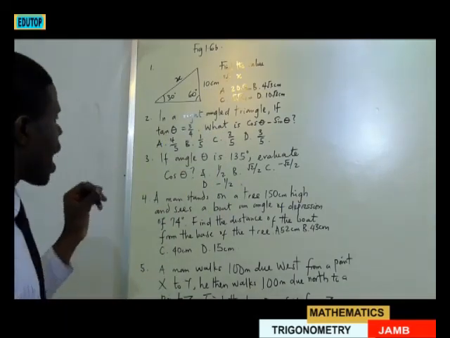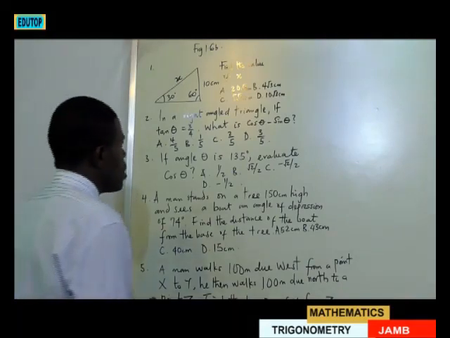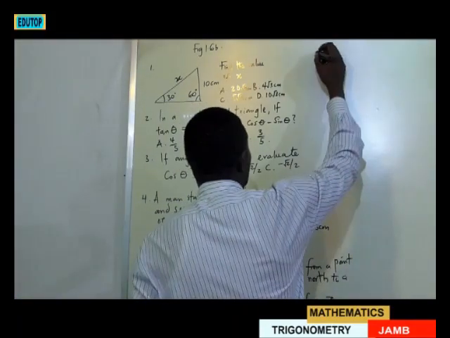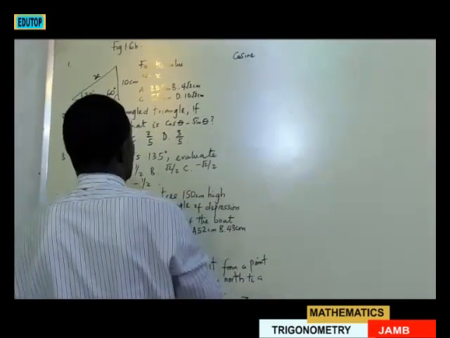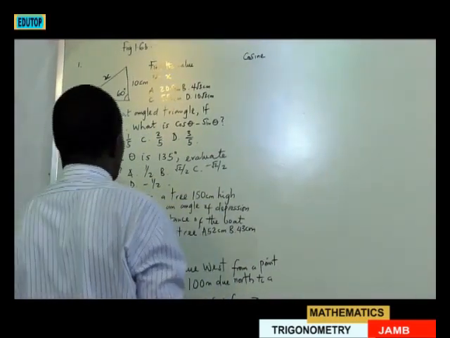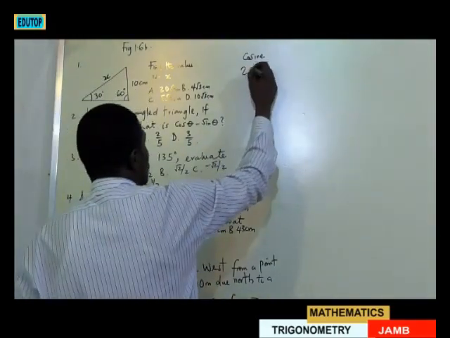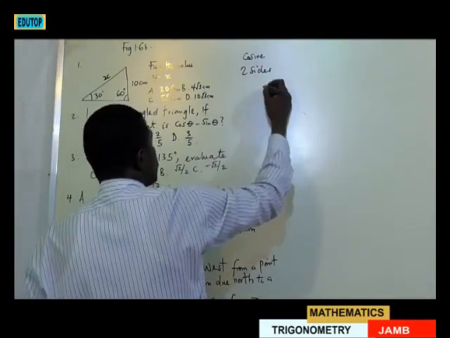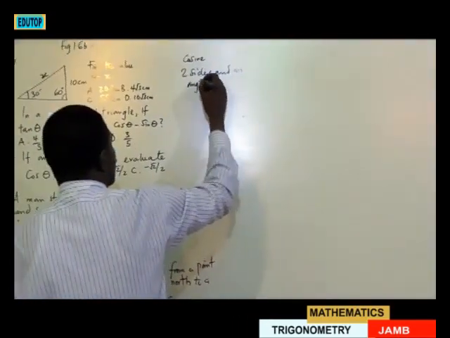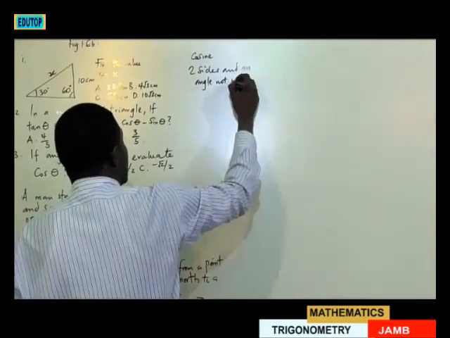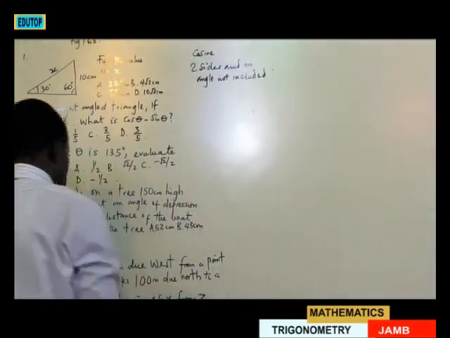So there are conditions for using the cosine and sine rule. The condition for using the cosine rule is two sides and an angle not included.